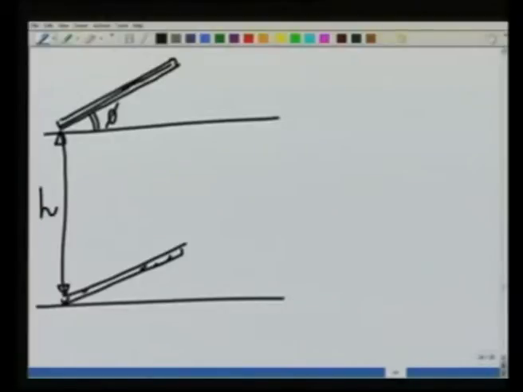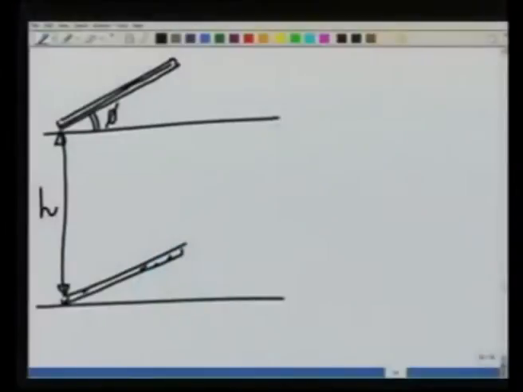You must have seen it happen at home. If you drop something like this, it goes back and forth and you hear a sound, tuck tuck tuck. So what I want to know is, after it hits the floor and suppose no energy is lost, what will be its rebound velocity and what will be its rebound omega.